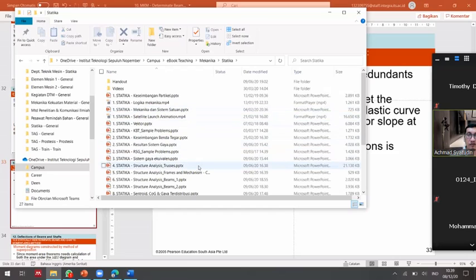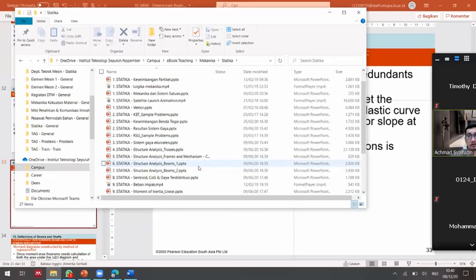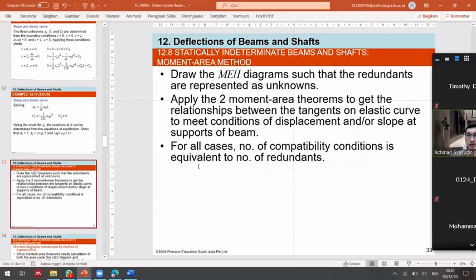What is the difference between determinate and indeterminate? Maybe we can find it here.